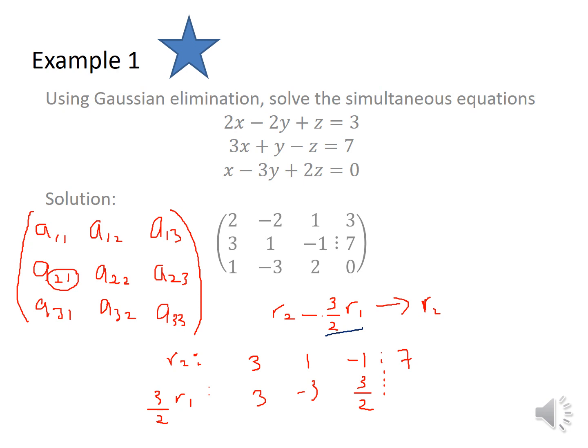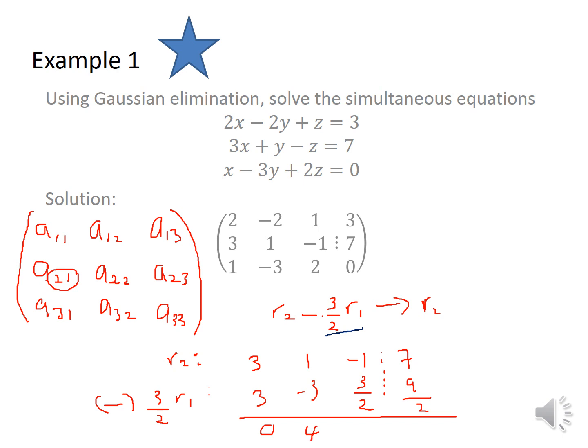And 3 over 2 multiply 3 is 9 over 2. So in order to get the 0 here, I should put a negative. 3 minus 3 is 0. 1 minus negative 3 is 4.